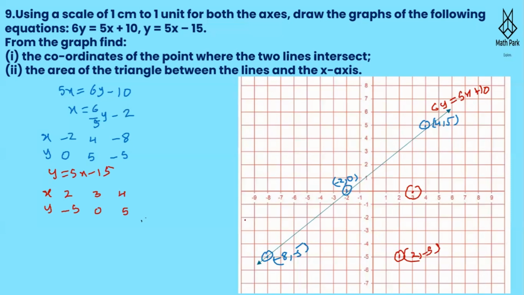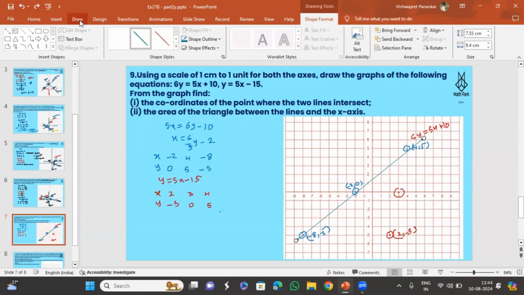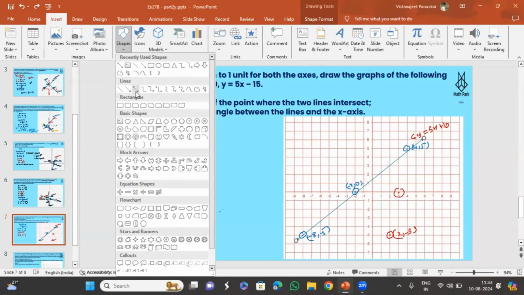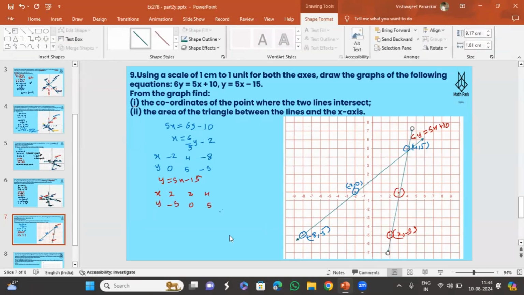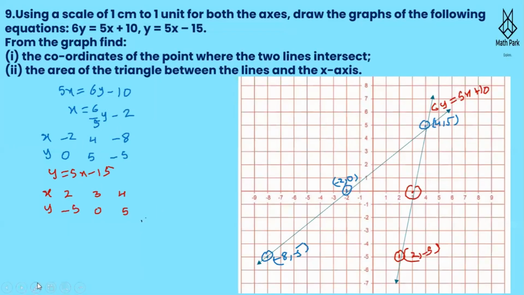Let us draw the line. Label the line there. So the equation of this line is y is equal to 5x minus 15.